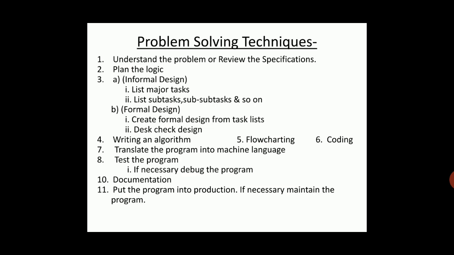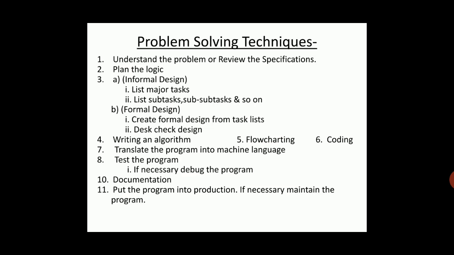That means we take a number of tasks, subtasks, and sub-subtasks, and design them informally on paper. So first we have an informal design, and then we create the formal design, that means the formal design for the task list and a desk check of the design.